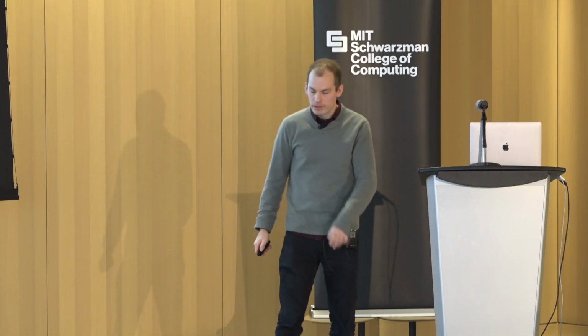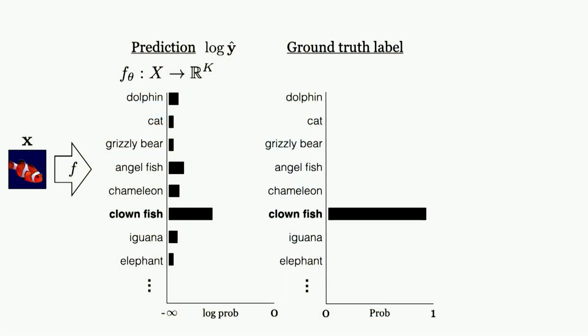Here's what it looks like. You think of the output of the network as a set of numbers that represents the probability that the image is each of these classes. Then you compare the probability that you output to the ground truth probability, which is known because the human has labeled it: it's a clownfish, 100% clownfish. A human could have labeled it as saying I don't know what it is, but in this case, we assume the human is certain.